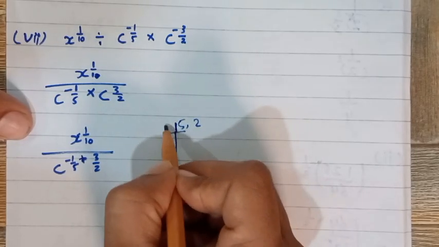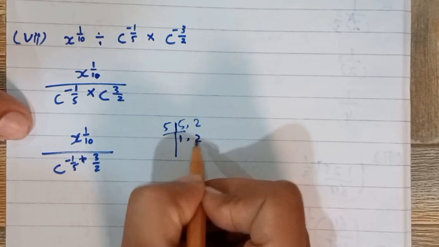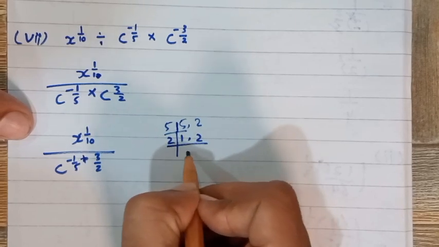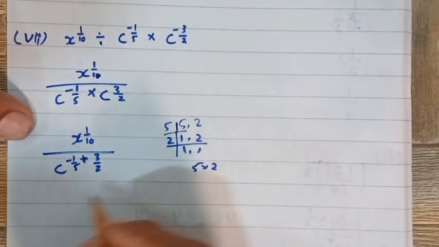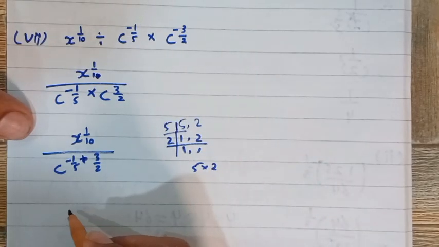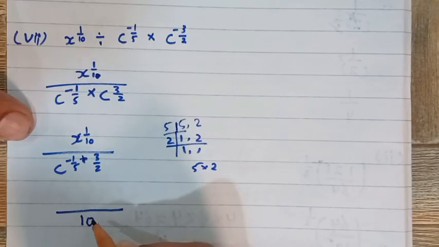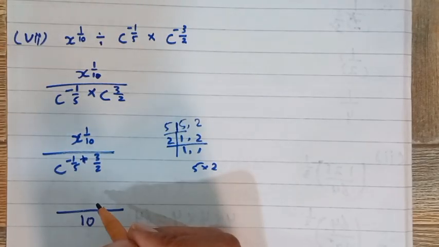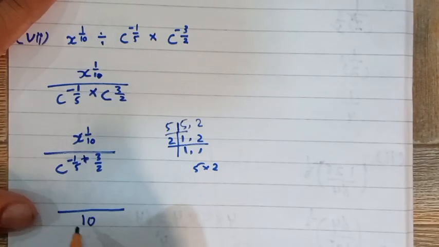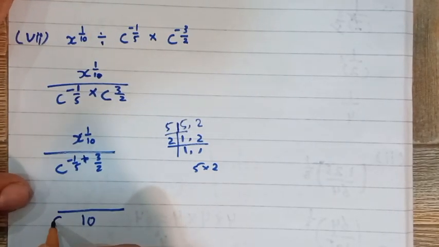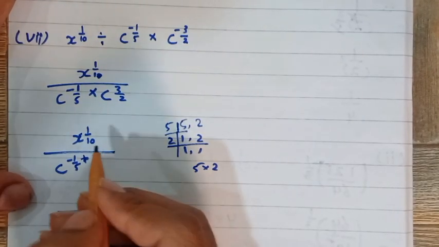This will be 5 one time, 2 one time. 5 multiplied by 2 is 10. So 10 will be the LCM. Further, the LCM is 10.